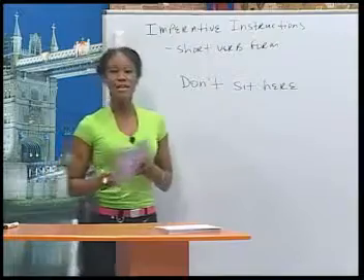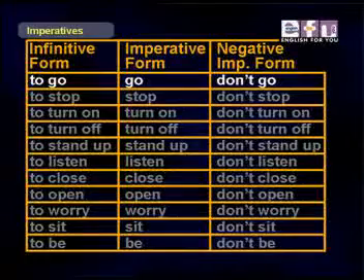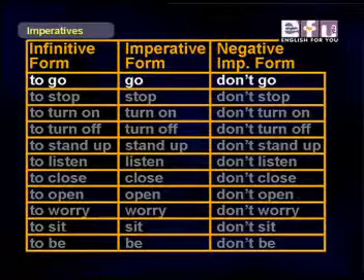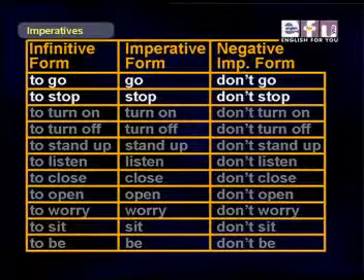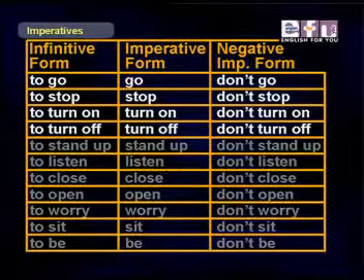Now we can add another column to our chart. Take a look at your screen. So with to go, remember our imperative form is go, but our imperative form in the negative is don't go. To stop is stop or don't stop. To turn on or don't turn on. To turn off or don't turn off.